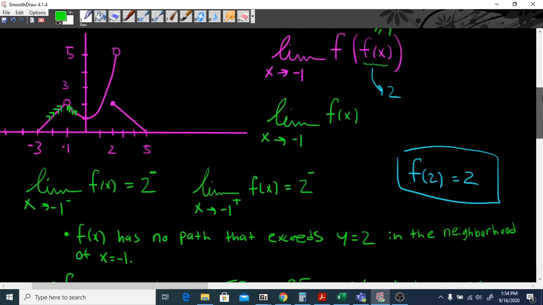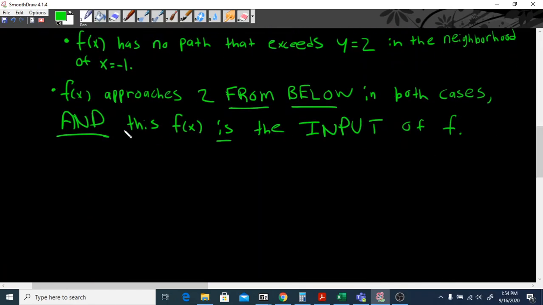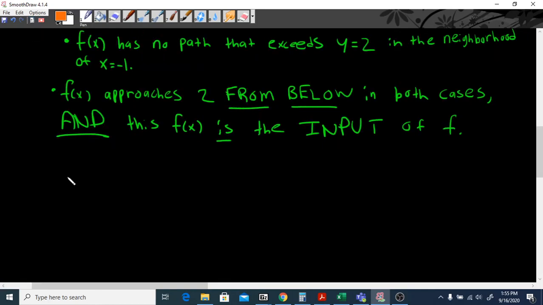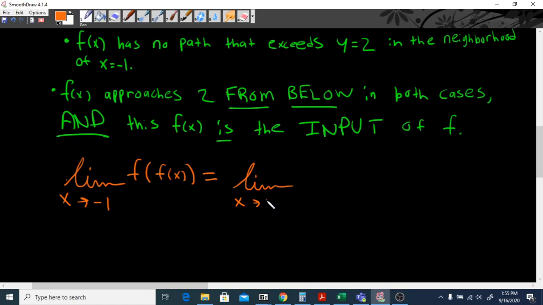Okay? So because of that, we are forced to conclude the following. We are forced to conclude that the limit as x approaches -1 of f of f of x is going to equal the limit as x approaches 2 from the left of f of x.